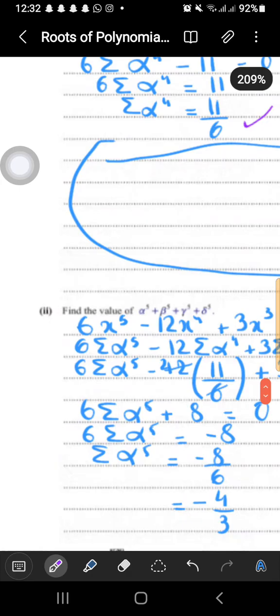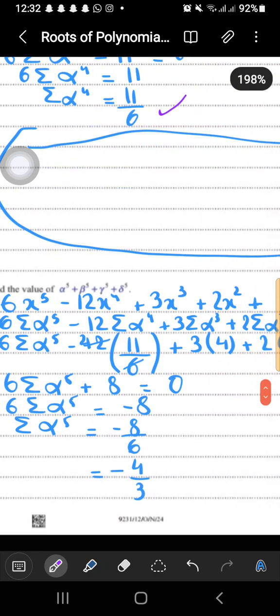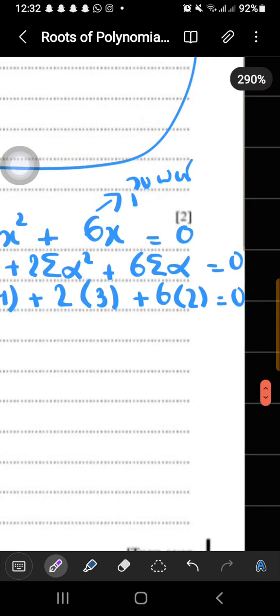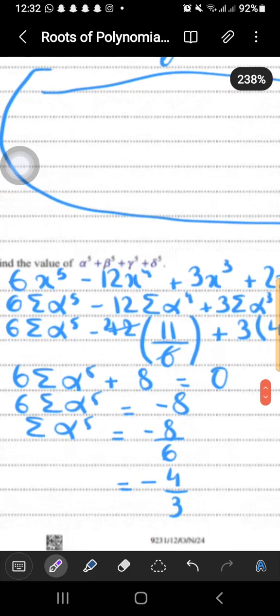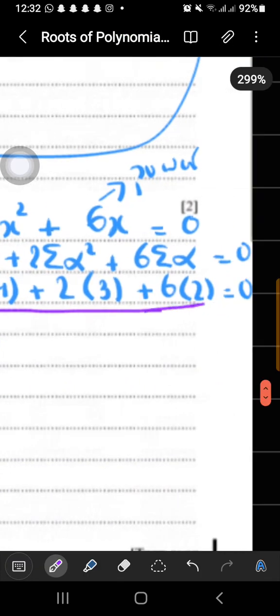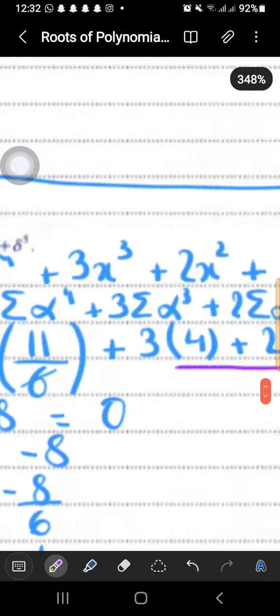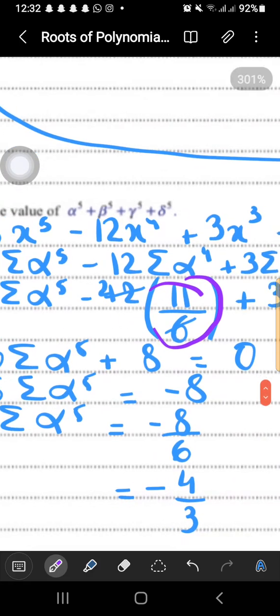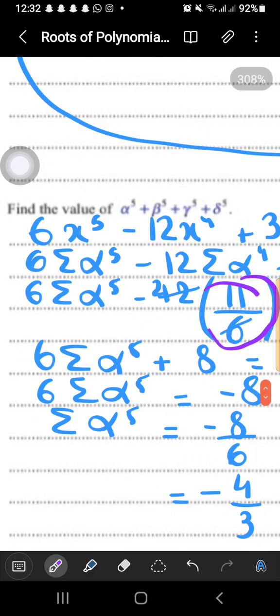Now we replaced x power 5 with summation alpha power 5, x power 4 with summation alpha power 4, x cube with summation alpha cube, x square with summation alpha square, and x with summation alpha. There is no constant here. We substituted each value, some given in the question and some from the previous part. Solving it we got positive 8, which moved to the right side and became negative 8, then divided by 6, and in the end it became negative 4 upon 3.